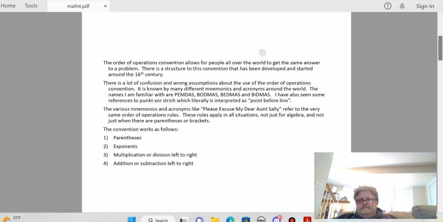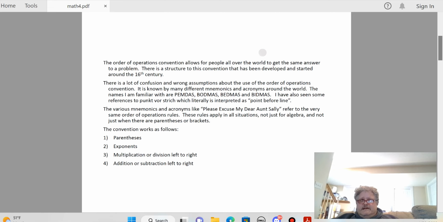It's known by many different mnemonics around the world. In a lot of English-speaking countries, there are various mnemonics. Some of those that I'm familiar with are PEMDAS, BODMAS, BEDMAS, and BIDMAS. I'm not super familiar with where they're all from. I think maybe in the UK it might be BODMAS or BEDMAS.